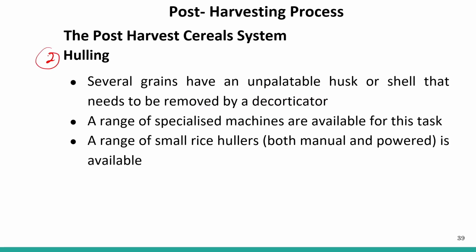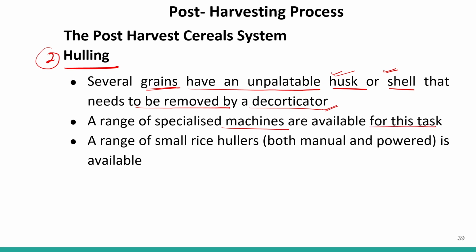The next process is hulling. Several grains have an unpalatable husk or shell that needs to be removed by a decorticator. Sometimes the grains are covered with husk or shell, so that has to be removed, and for that we require a decorticator. A range of specialized machines are available for this task.